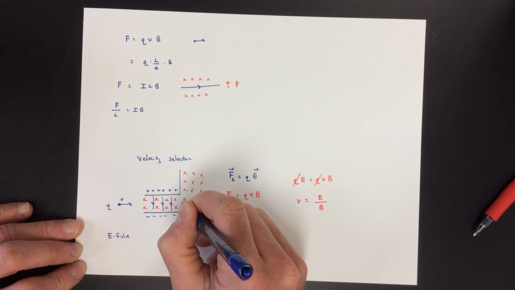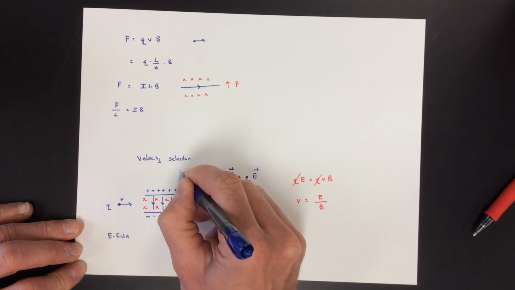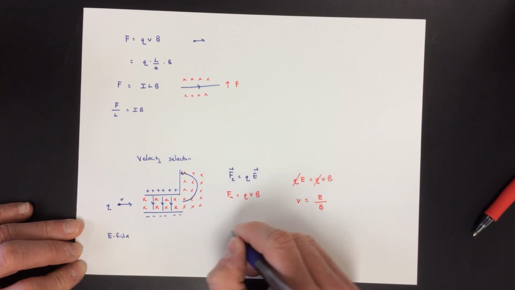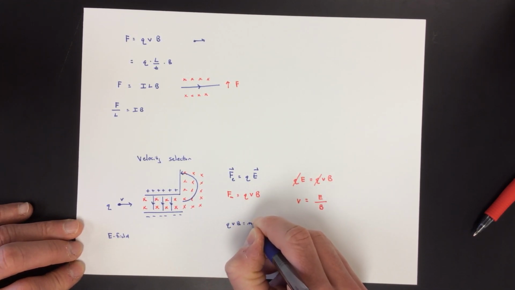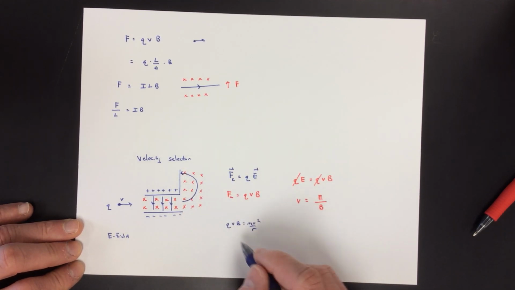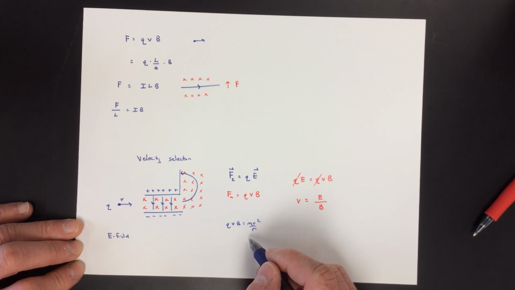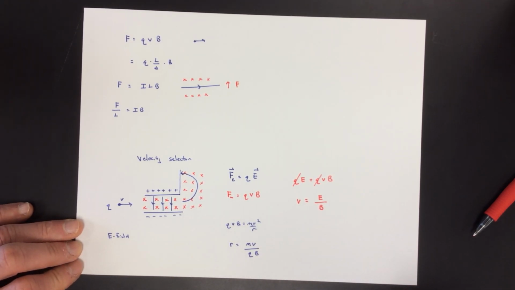And then the radius, as we said earlier, QVB equals mv squared over r. And this radius here is also going to be dictated by the mass, because the radius here is mv over qB. And they do all sorts of stuff with this.